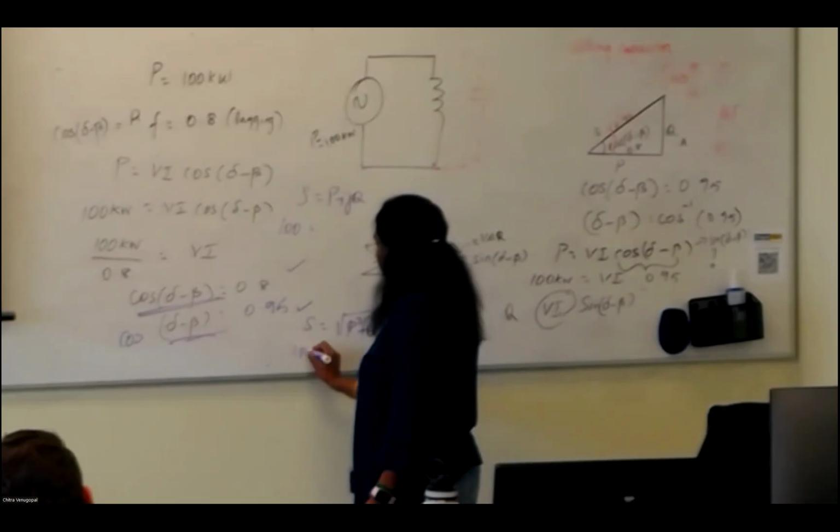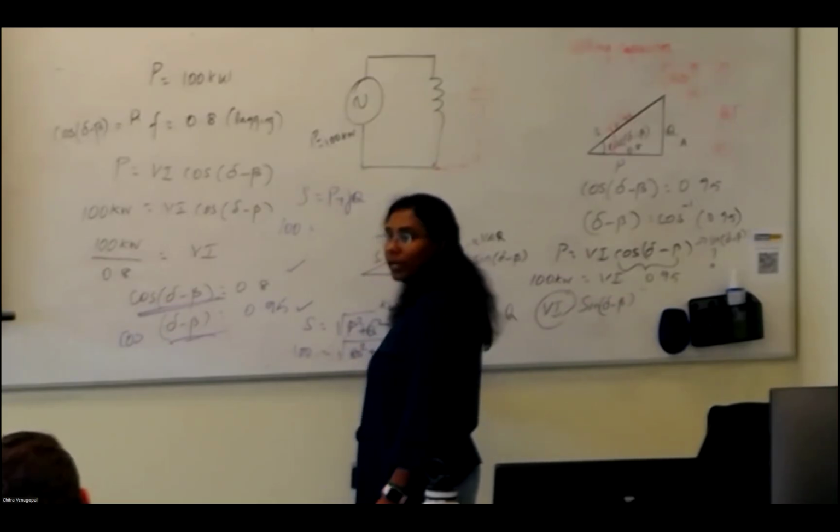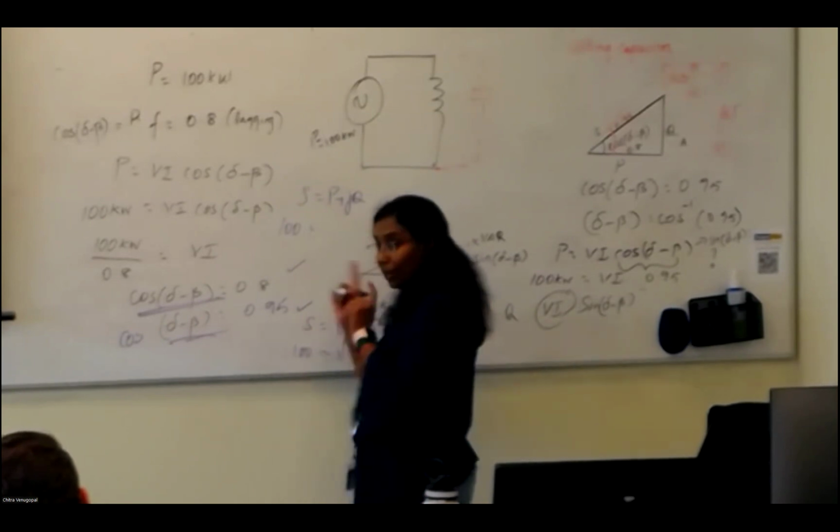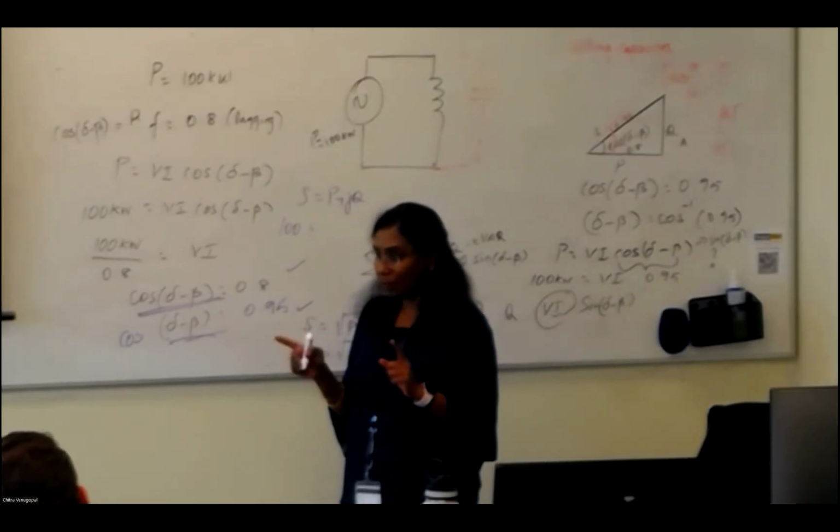So this is 100 equal to, what are the factors that can fill here? 80 and 60. 80 squared plus 60 squared can give you 100. So you can split it in that way by normal math.